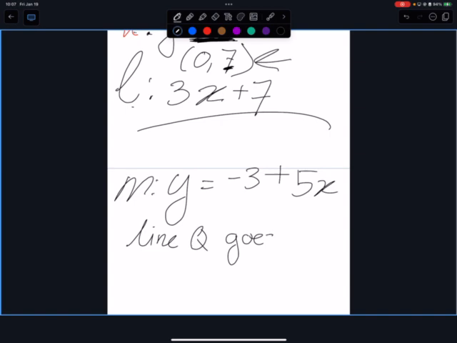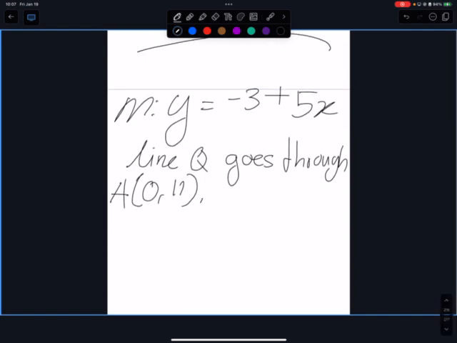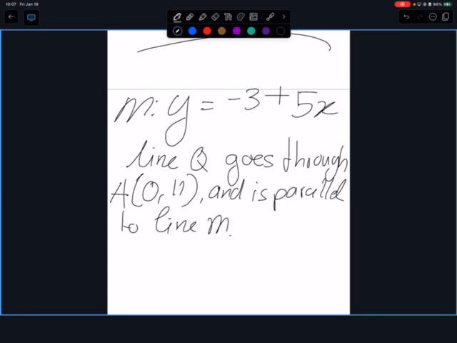Line Q goes through point A, 0, 11, and is parallel to line M. Find the equation of line Q. Minus 3 plus 11.